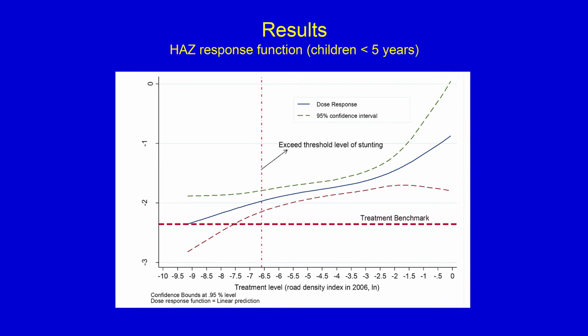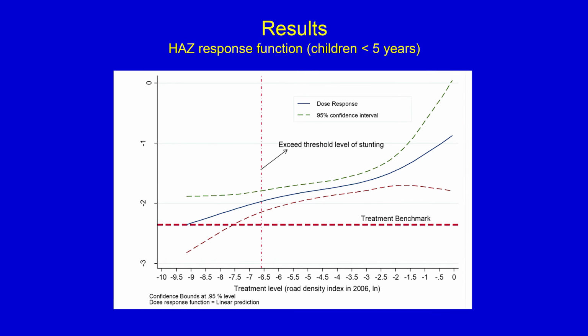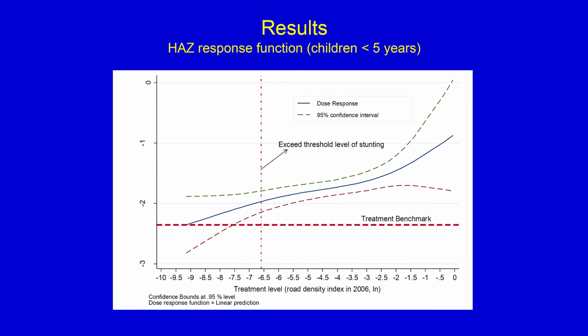On average, children beyond this threshold level are free from stunting in the districts. You can see that this has a positive slope, and it exceeds the treatment benchmark level in the entire range of this treatment level. This shows that roads have a positive impact on height for age child nutrition outcomes.